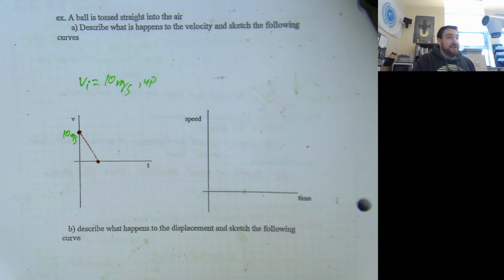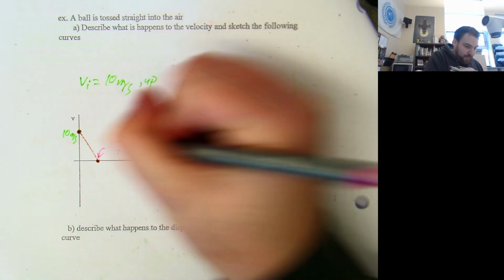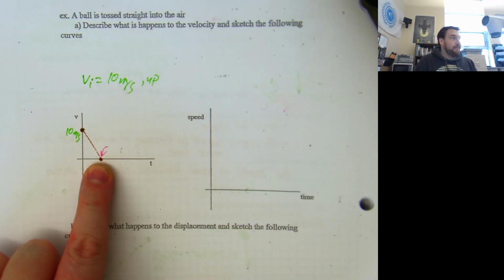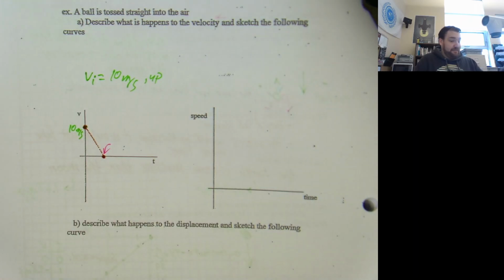At some point, the velocity hit 0. Where was the ball at that moment in time? At its peak height.